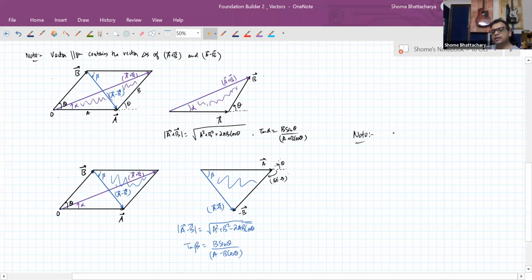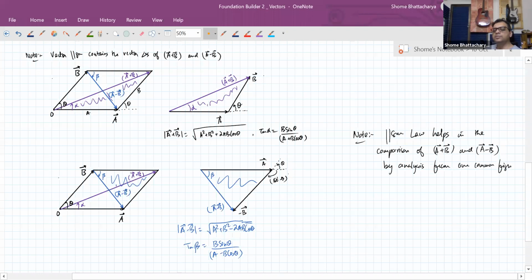Okay, so parallelogram law helps in the comparison of the sum of two vectors and the difference of the two vectors by analysis from one common figure, which is a parallelogram.